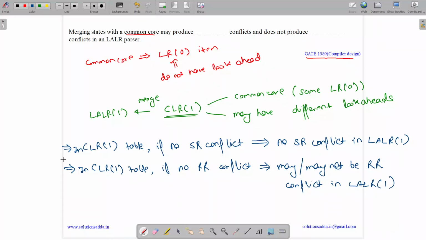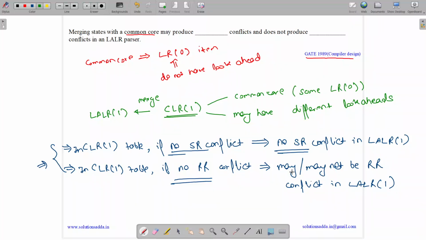So you need to remember just these two statements. If there is no SR conflict, then there will be no SR conflict in LALR1. If there is no RR conflict in CLR1, then there may or may not be an RR conflict in LALR1. Now let us answer this. It's asking about merging states with a common core. Common core means same LR0 items.